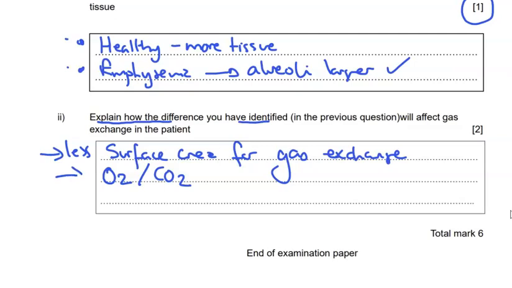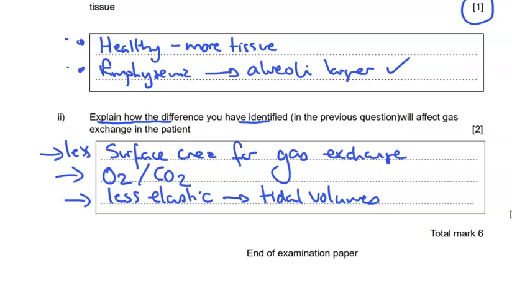Perhaps less obvious is that with less tissue, the lungs will be less elastic, and being less elastic means that elastic recoil is reduced. So this is going to affect ventilation patterns and tidal volumes, because we are explaining our way here.